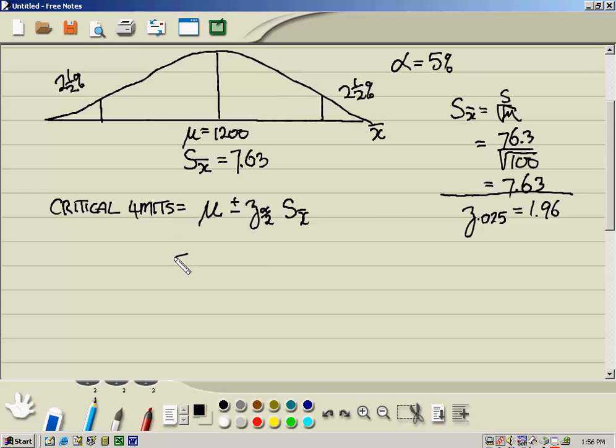Alright, so now we're ready to calculate these critical limits. Mu, middle of the distribution, 1200, plus and minus the z-value 1.96, times the standard deviation of the sampling distribution, 7.63. Alright, so that'll be 1200 plus and minus 14.95.